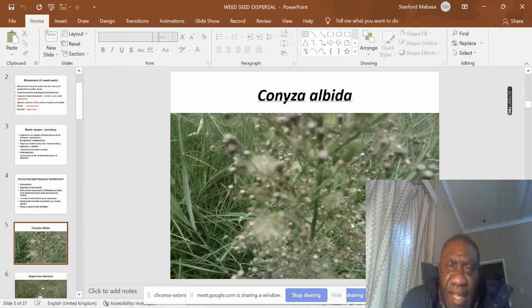So this is Conyza bonariensis. It has these fluffy seed heads.